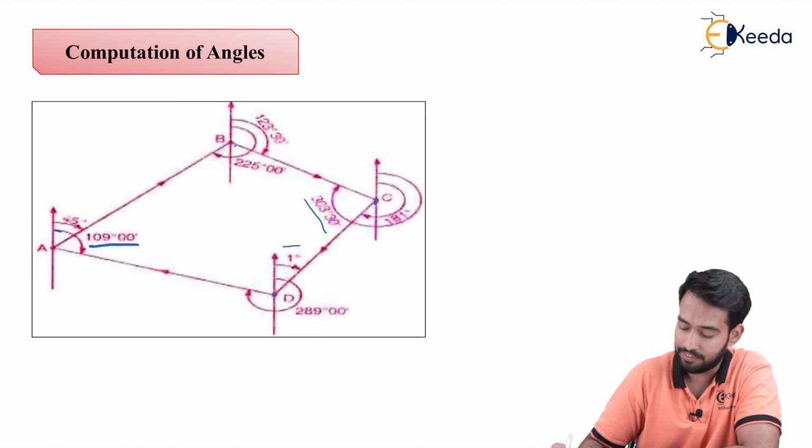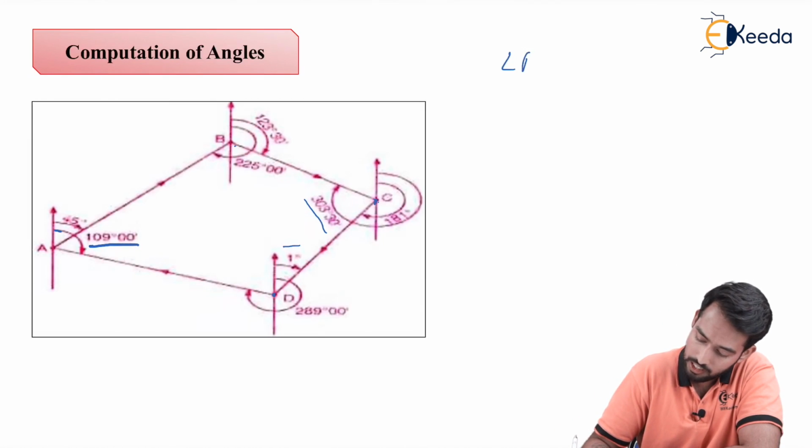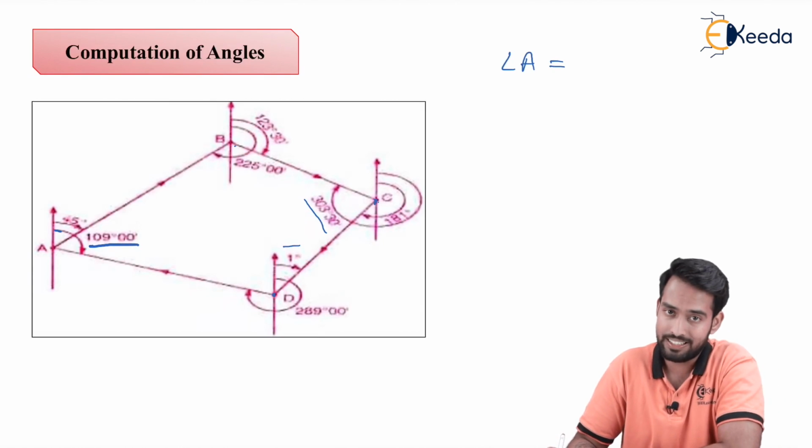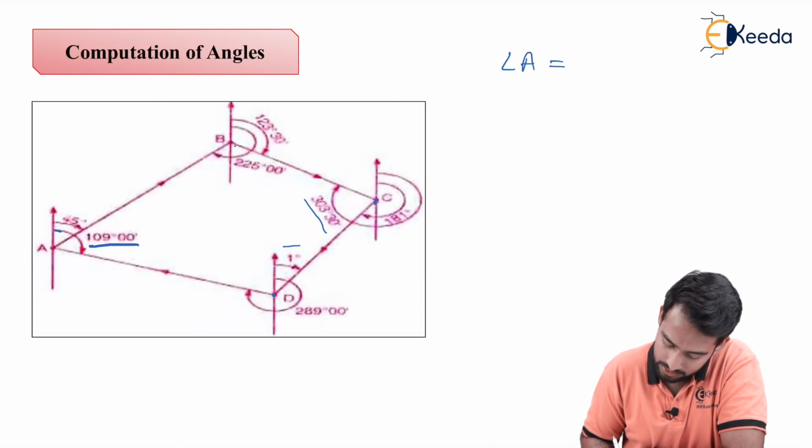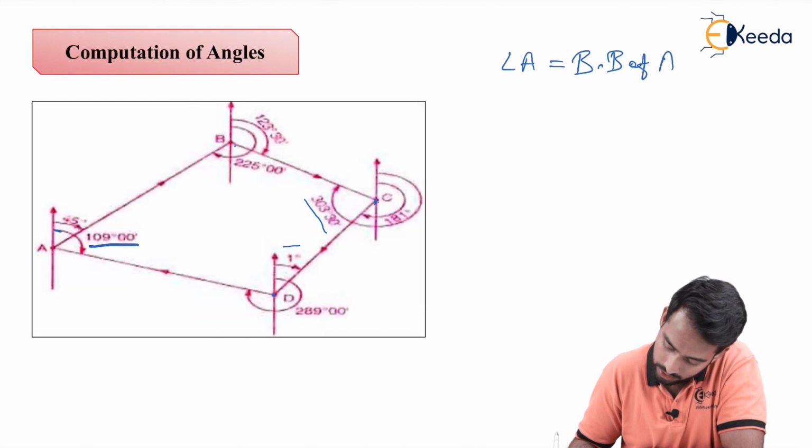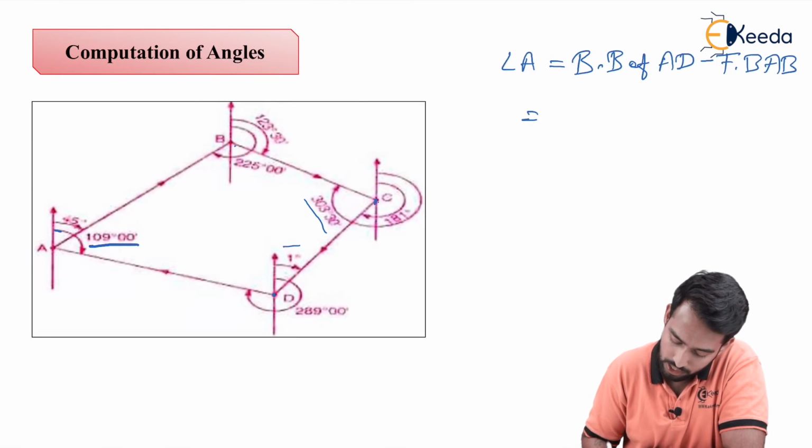So for angle A, from the figure, angle A can be calculated. As we can see, the backbearing of AD is greater than the forebearing of AB. So for calculating angle A, what we have to do?